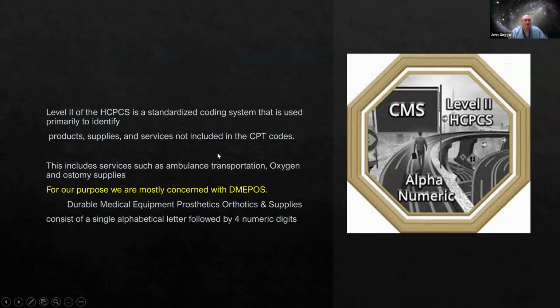Things such as ambulance services, oxygen, ostomy supplies. The thing that we're going to be most interested in is the durable medical equipment, prosthetics, orthotics, and supplies. All of these codes are a single letter followed by 4 numbers.